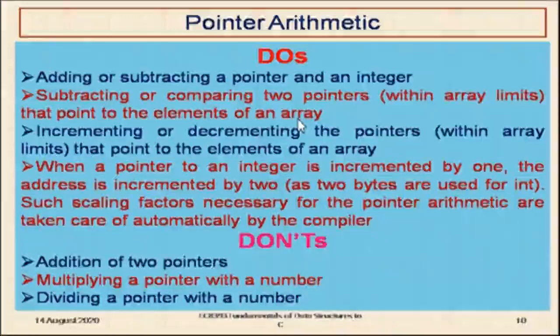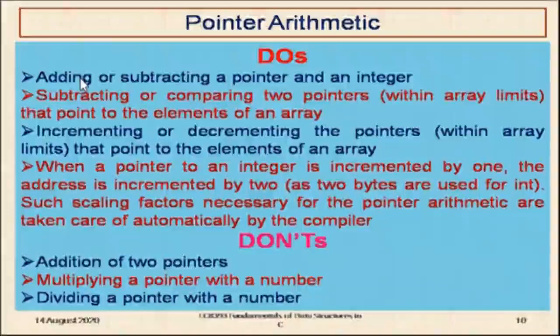And coming to pointer arithmetic, we can do some operations and we cannot do some other operations. So the do's and don'ts we can see here. We can add or subtract a pointer with an integer. For example, I have a pointer variable and I can add an integer value to that pointer variable.